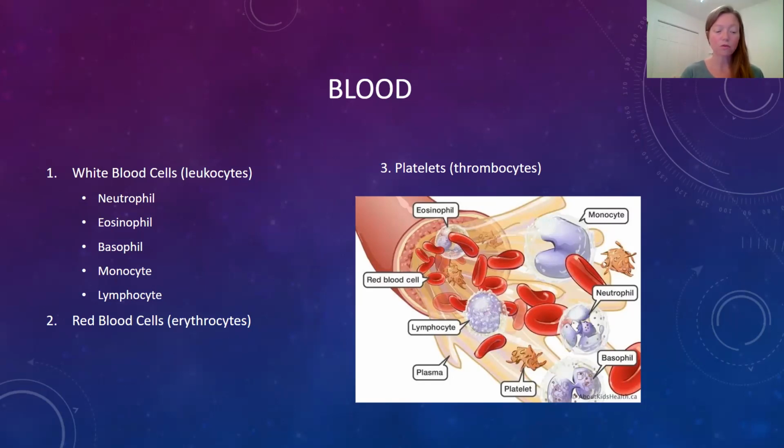The cellular or formed parts of our blood include the red blood cells, the white blood cells, and platelets. It is important to know that erythrocytes is another name for red blood cells, leukocytes another name for white blood cells, and thrombocytes are another word for platelets.